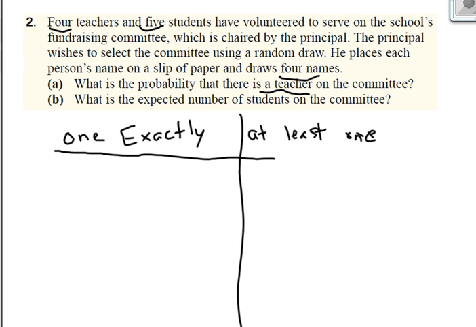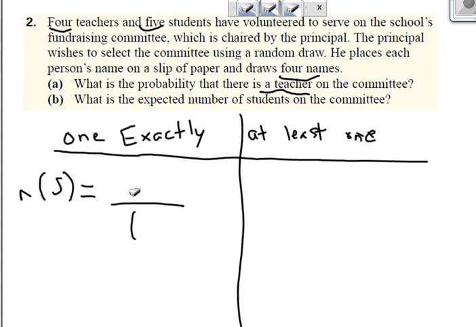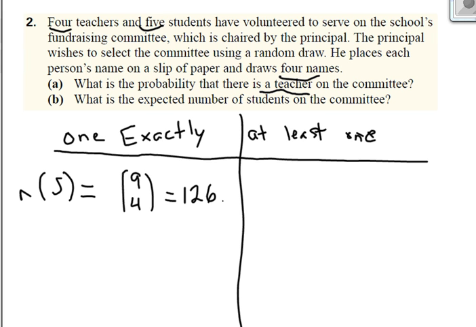So in both cases, however, I need to start by looking at the sample space. And the sample space is, I am making a committee. And remember, a committee is something where order does not matter. So out of 9 people, I need to choose 4 of them to be on my committee. So that's a sample space of 126.